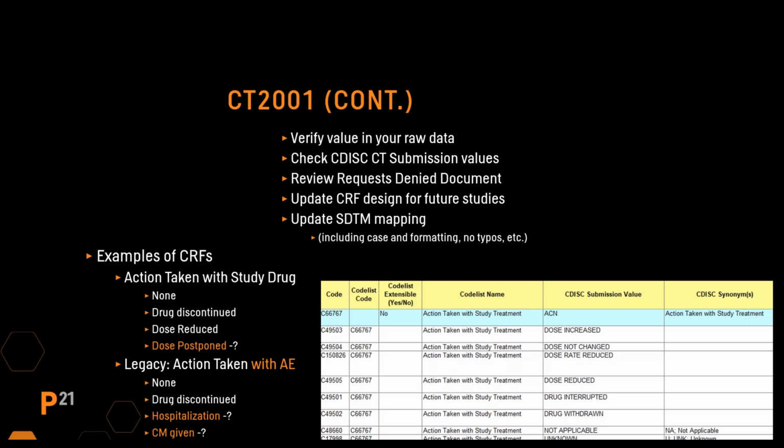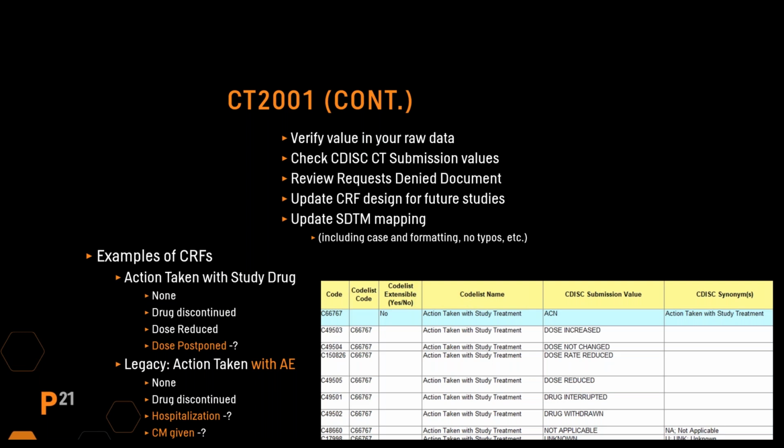For this, you can see on the right screenshot, which is the action taken with study treatment, you notice that it is a non-extensible code list. So when we check for dose postponed, we don't see this value listed under the CDISC submission value column, and there's really no associated submission value that we can map it to.